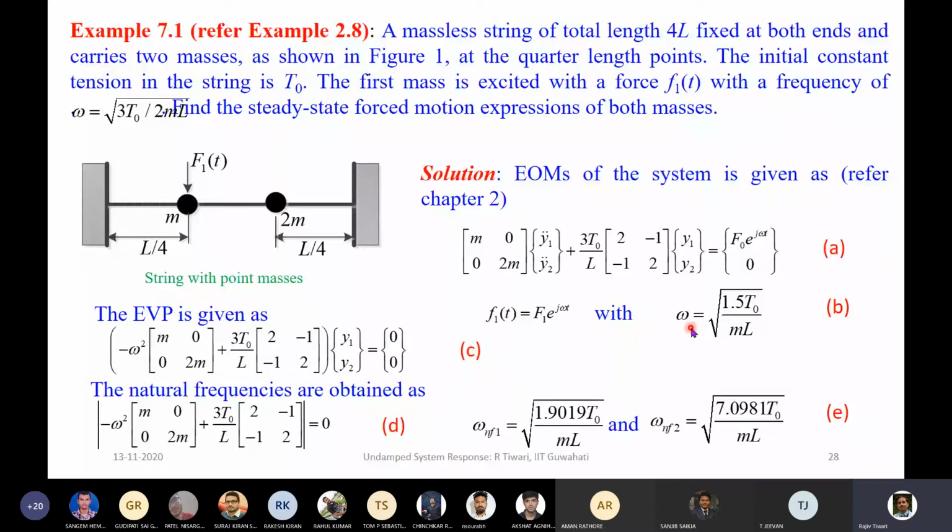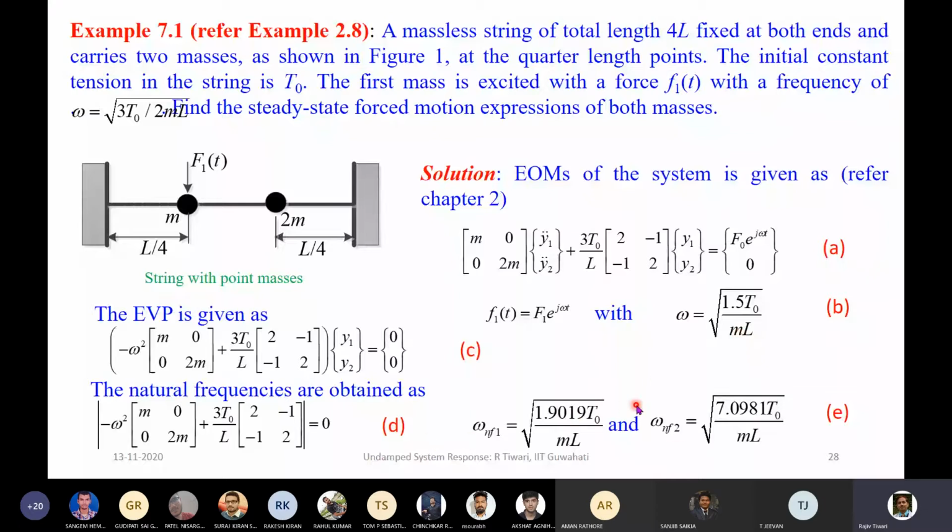You can see this is 1.9, this is 7.0. There is no resonance condition, that is for sure, because the excitation frequency is away from both, below the first natural frequency. So resonance condition is not there, and we will be obtaining the steady state response of this.